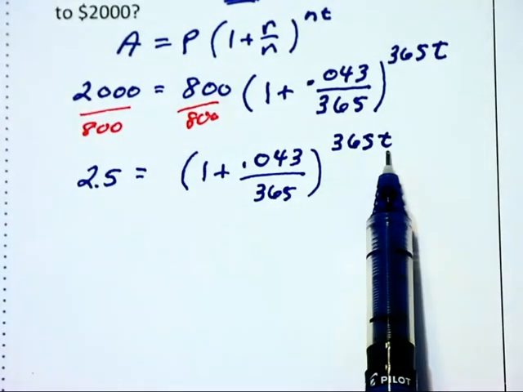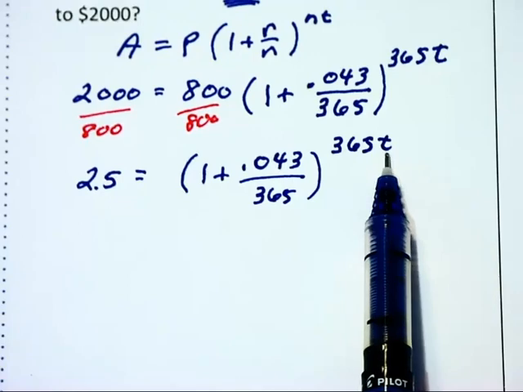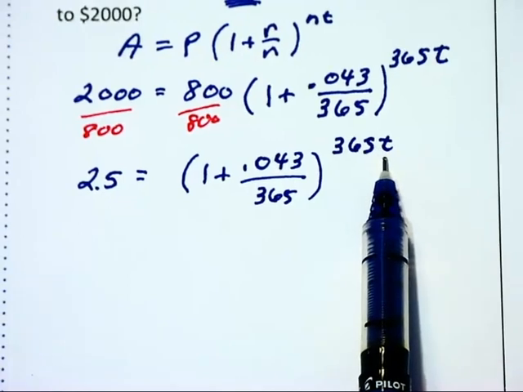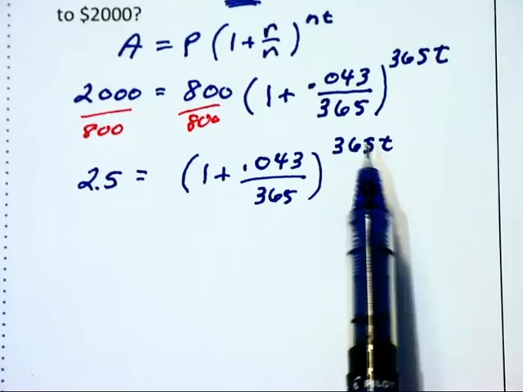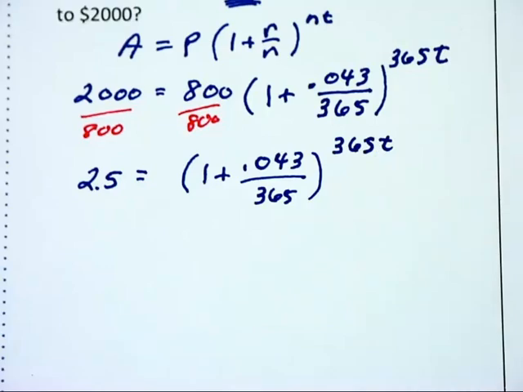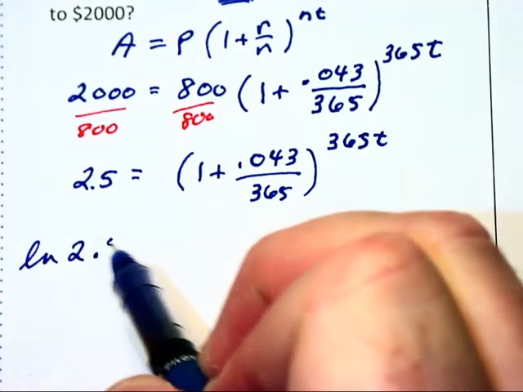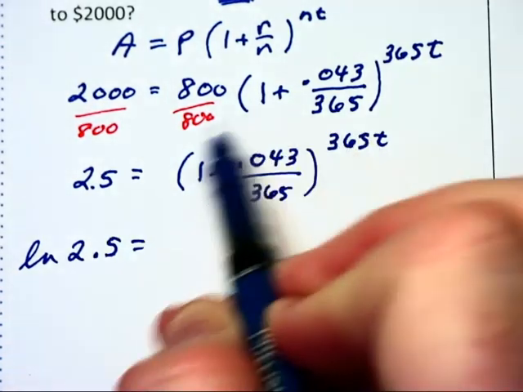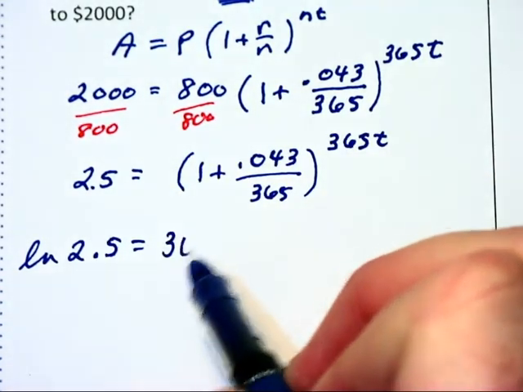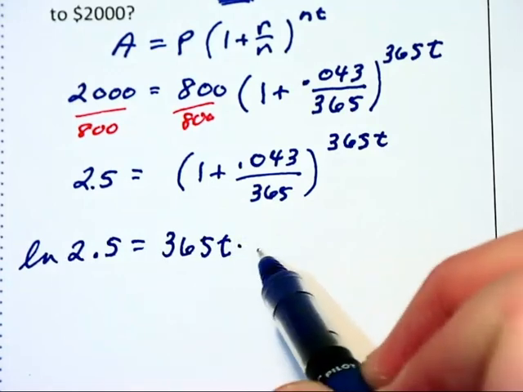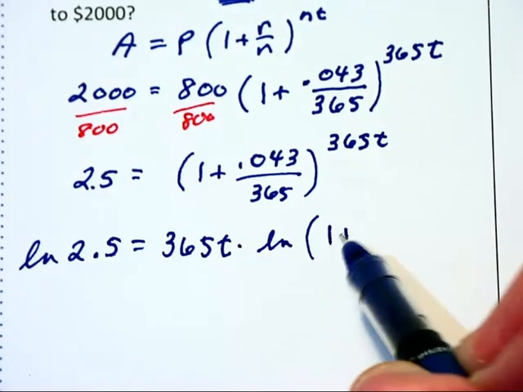And since our variable is up in the exponent, we want to log both sides, and we can choose either the common log or the natural log, and I'm going to choose to do the natural log. So we will have the natural log of 2.5 is equal to power coming down, 365t times the natural log of what is in the parentheses.